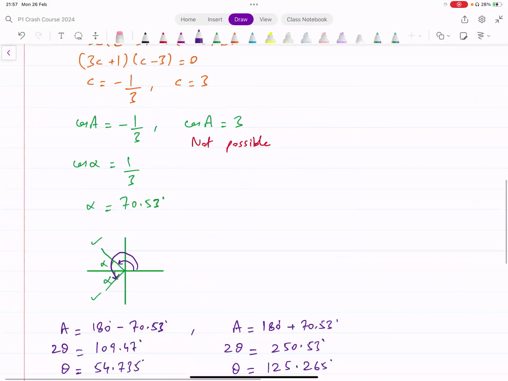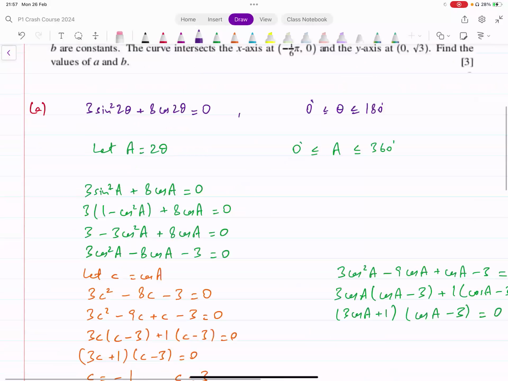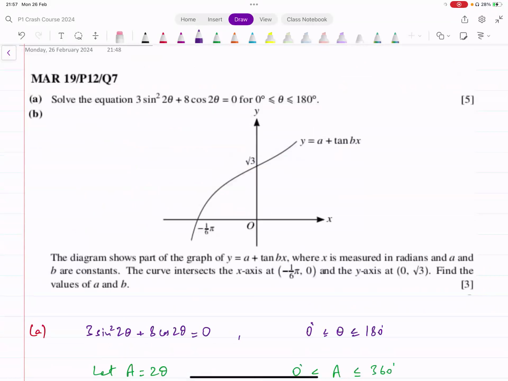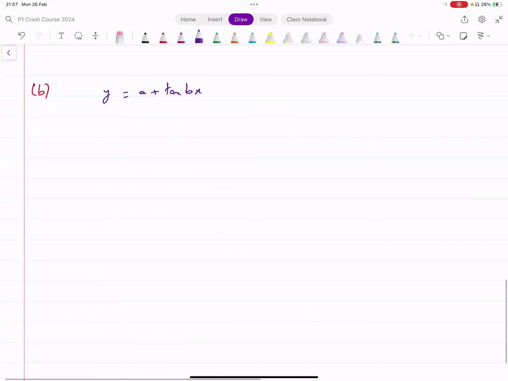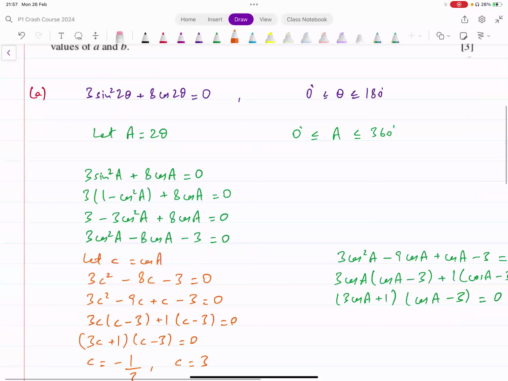Right? Let me just do that quickly. y equals a plus tan of bx. One point is minus pi over 6 and 0. Let's put that. Minus pi over 6 and 0. And the other point is 0 and under root 3.